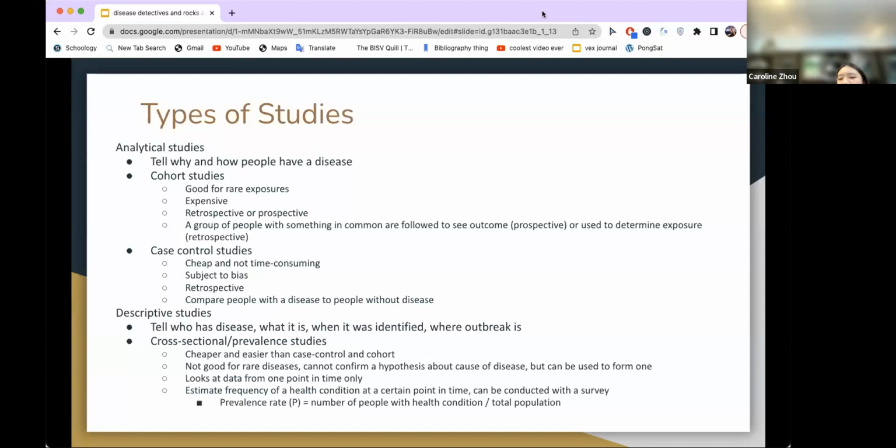So you can only form one. After getting data from this prevalence study, you can calculate the prevalence rate, which is the number of people with the health condition over the total population that you surveyed. So whereas analytical studies tell why and how, descriptive studies tell who, what, when, and where.